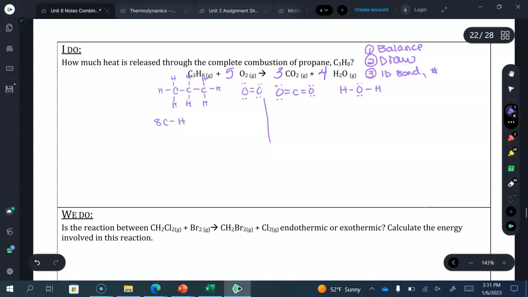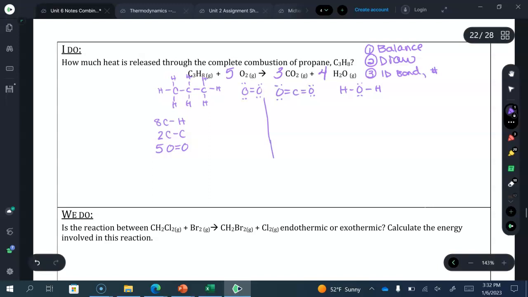We also have 2 C to C bonds. We don't need to multiply them by a coefficient because there is no coefficient here. However, on the other side, we see we have in the molecule 1 O double bond O, but we have 5 of those, so we would multiply that by 5. So I have a total of 5 on the reactant side.